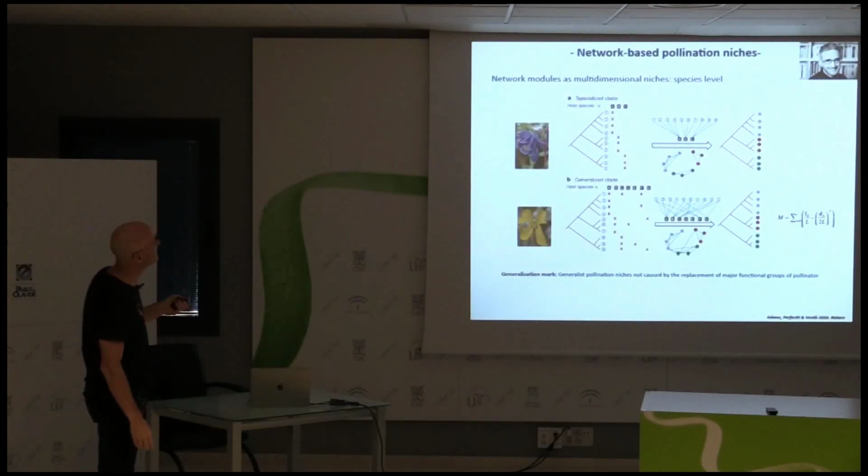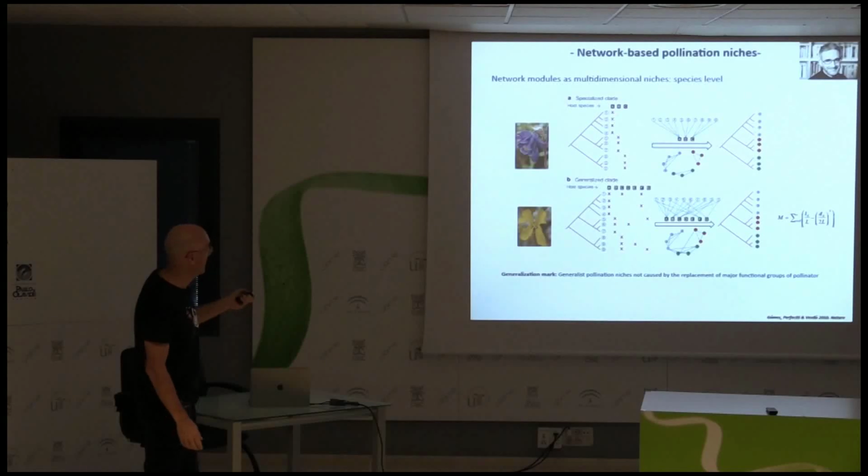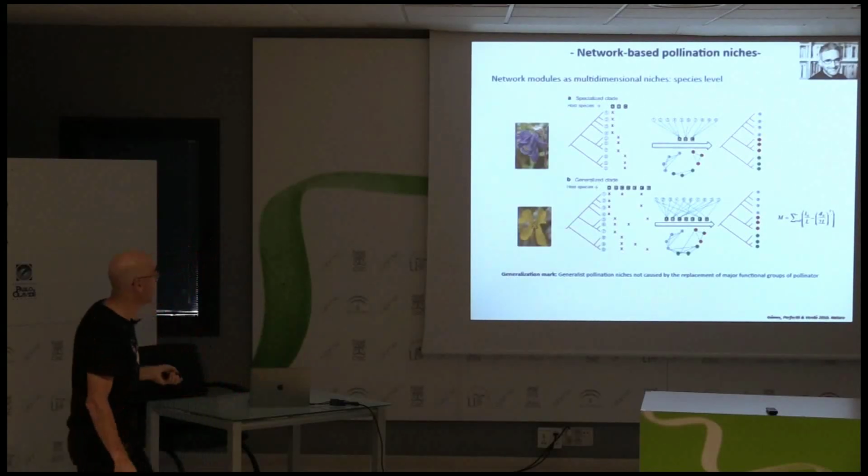If we have a specialized clade, each species is interacting with one single type of interacting organism. This is very easy. Most people working in specialized systems say, yes, this is niche 1, this is niche 2, and this is niche 3. Everything is very neat.